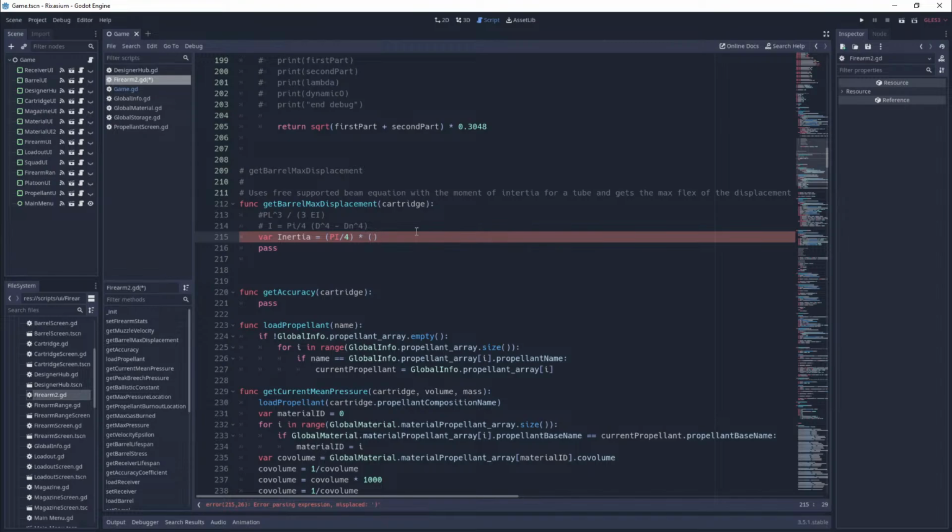So this is going to be barrel dot get length material.